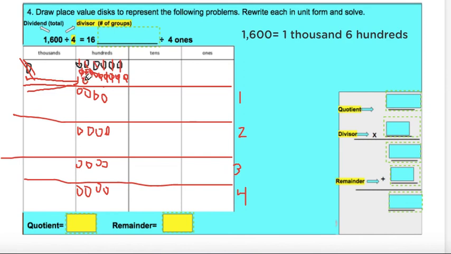I forgot to go back and cross off one of my discs. Please be careful to make sure that you are not making the same mistake. I just distributed all of my discs.